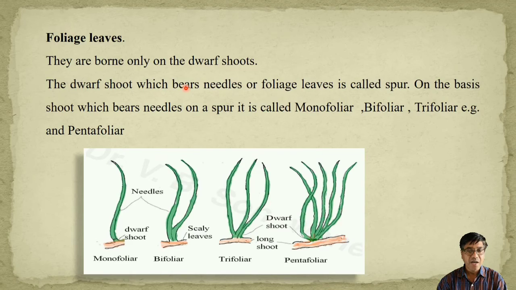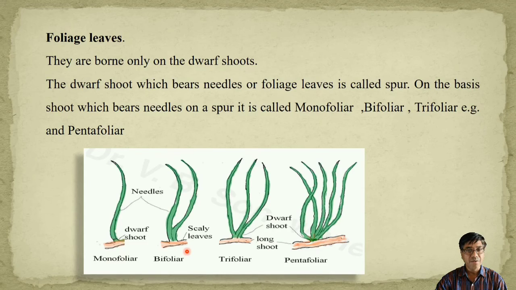Therefore, the plants look evergreen. Size of leaf varies in different species from 25 to 45 centimeters. In Pinus longifolia, the margins of needles are finely toothed, but teeth may be absent at the base.